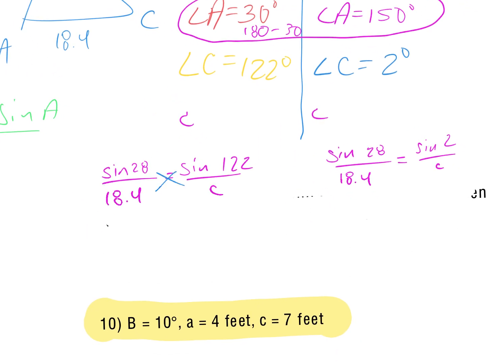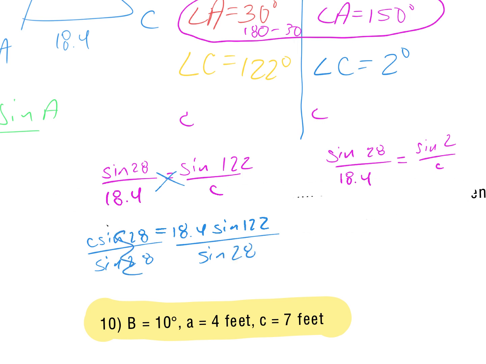Cross multiply and get your answers. So c times the sine of 28 equals 18.4 times the sine of 122. Divide by sine 28. And what's c? 18.4 times the sine of 122 divided by sine 28.